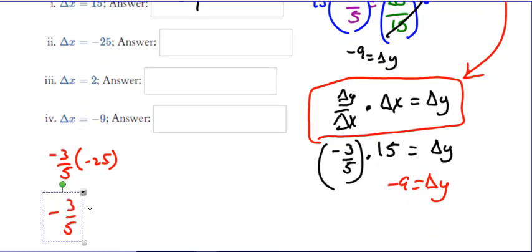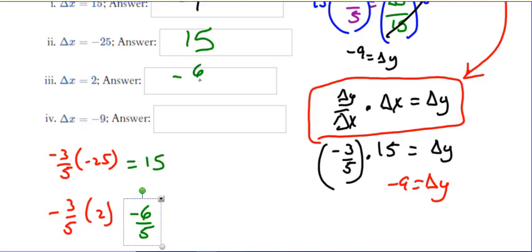Negative 3/5 times 2. That would be positive 15, I think. And then this would be negative 6/5. Excuse me. So you kind of get the idea of what you're doing there, okay?